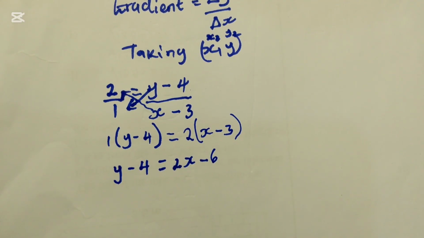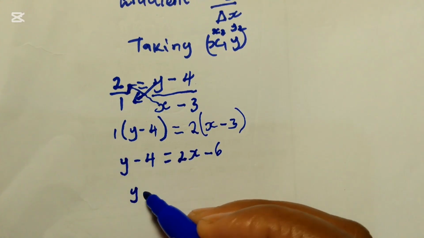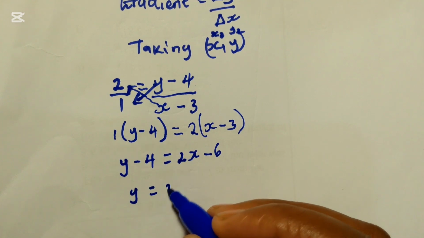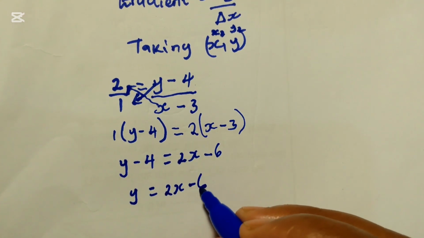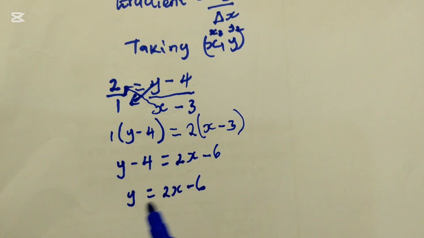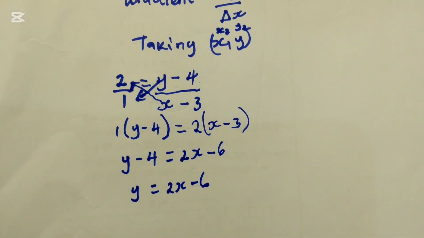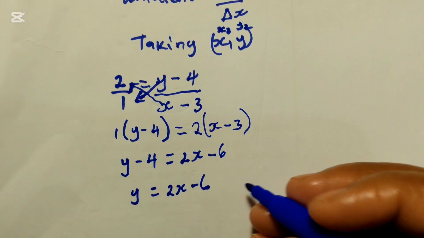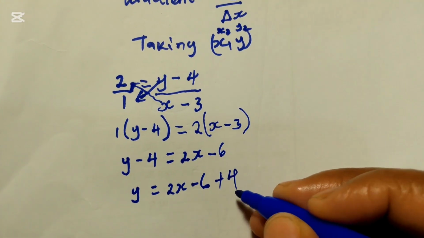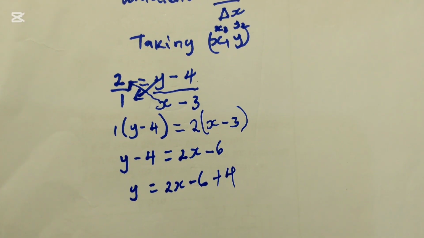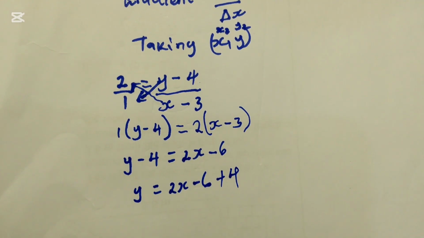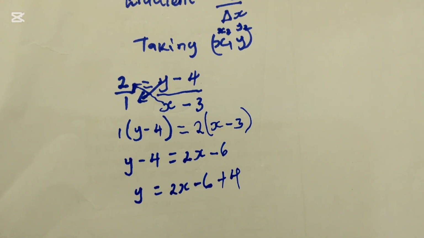Now we take negative 4 to the other side of the equal sign, and we'll have y being equal to 2x minus 6, and the 4 changes to positive 4. I always say that when a negative crosses the equal sign, it changes to positive.